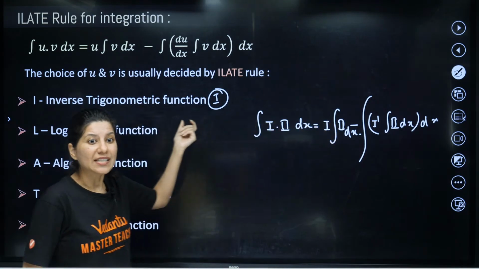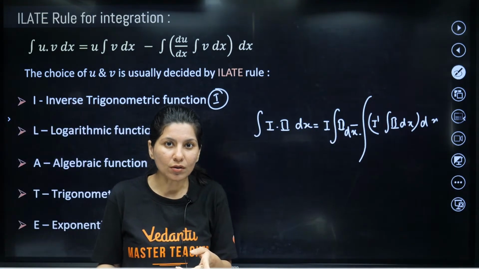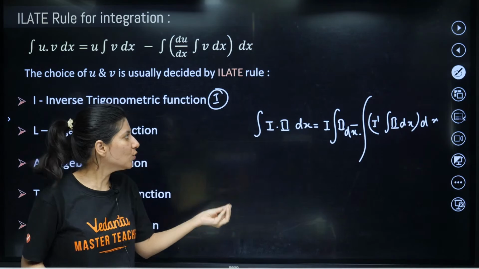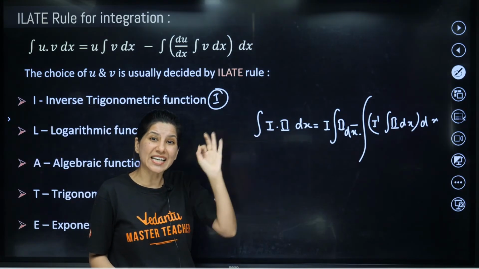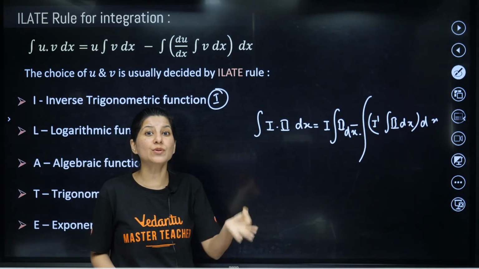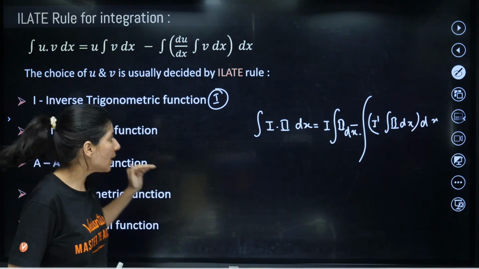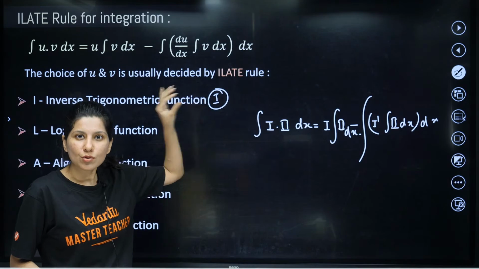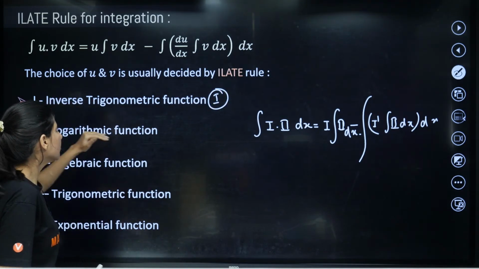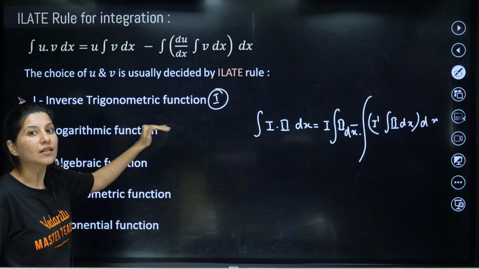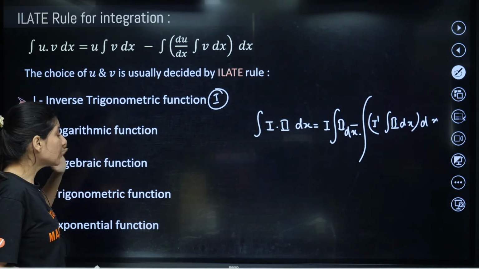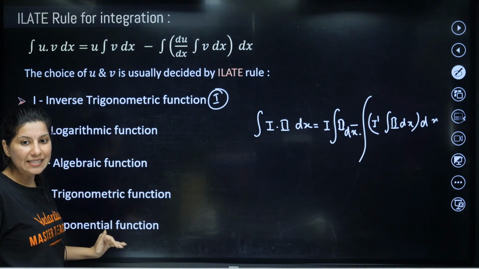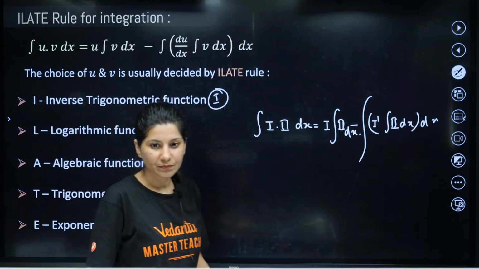Right? Sine inverse x ka integration, do you know? No ma'am. Then how can you mark it as second function? Second function should always be that function whose integration you know. That's why this order is like that. Inverse trigonometry ka you don't know, so mark it first. Logarithm ka you don't know, so you mark it first. Algebraic ka you know. That's why the priority list is like that. Okay.